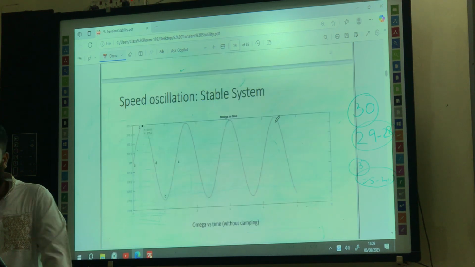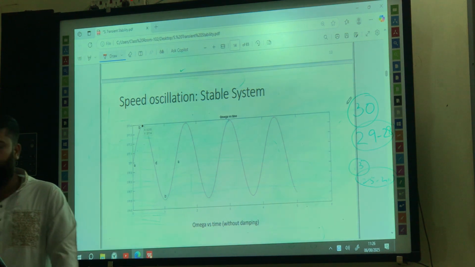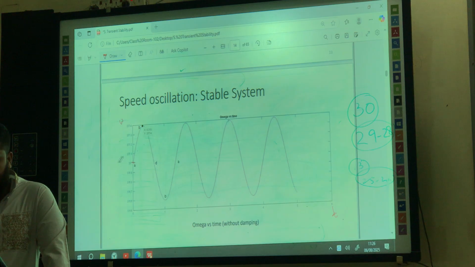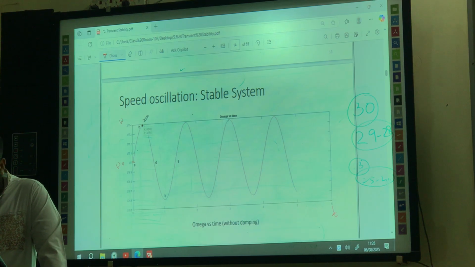Now this is the omega versus time curve, if you want to see some kind of time domain response. This is our omega naught. Let's say 377, if you take 60 Hz as your frequency, then omega naught is 377. This is point A. At point B, you will take the highest value, let's say 377.4.